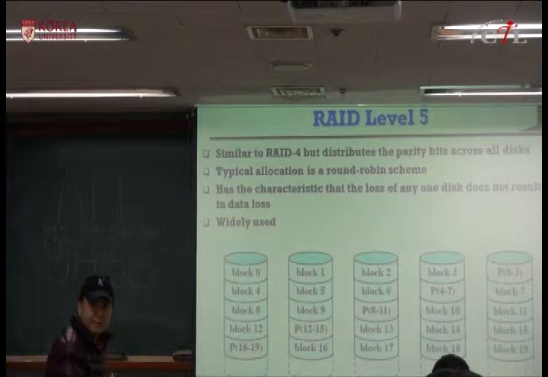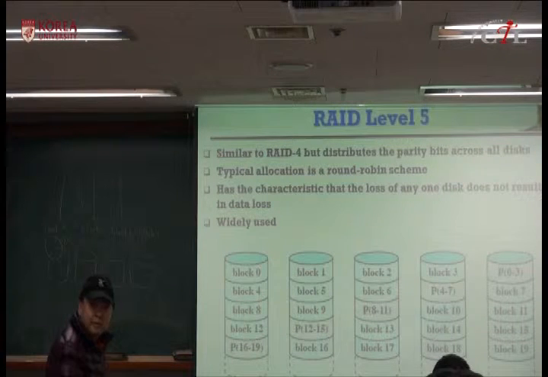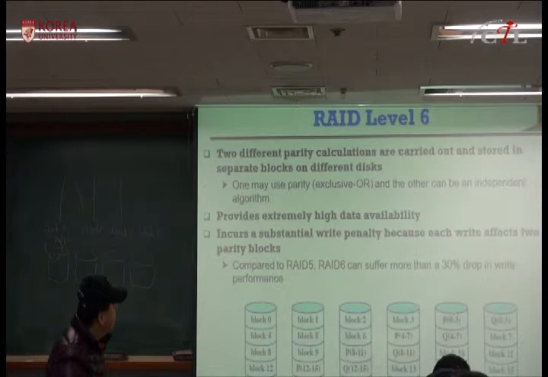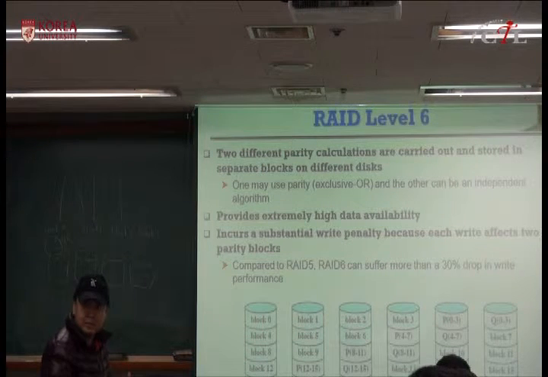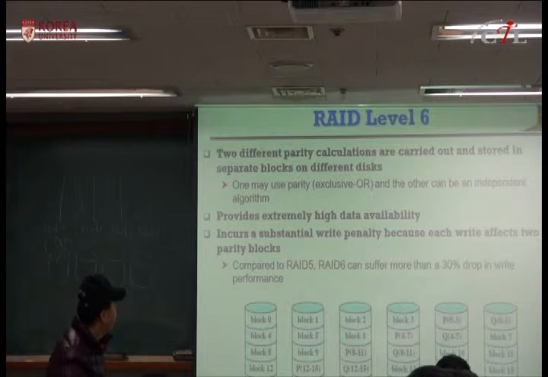Okay, it's the same as before, but you distribute this parity across the disks. And in level 6, you actually have one parity and you compute another parity. You can use exclusive OR for one, and for the other parity maybe an independent algorithm to check the parity. Maybe you can use even parity or something like that. And then it can provide more reliability.